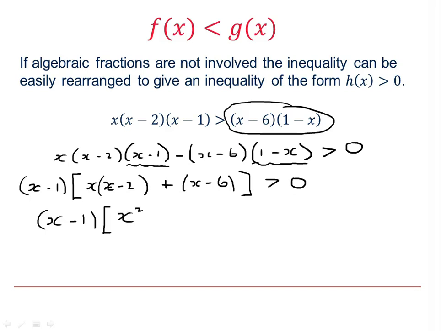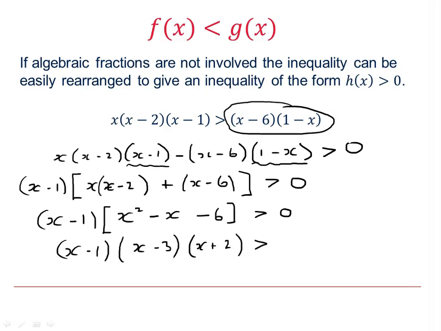Then we've got plus x, so that in total is minus x, and of course then we've got minus 6. That will be greater than 0. This factorizes, so we end up with (x - 1)(x - 3)(x + 2) > 0.